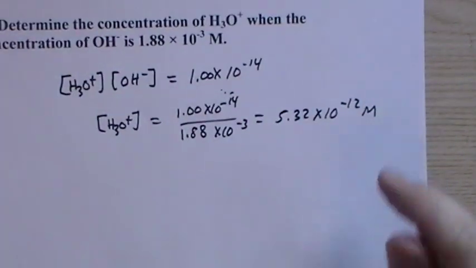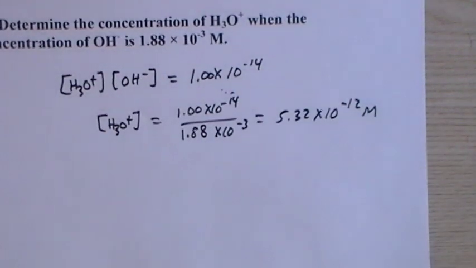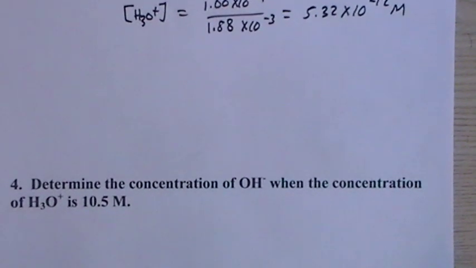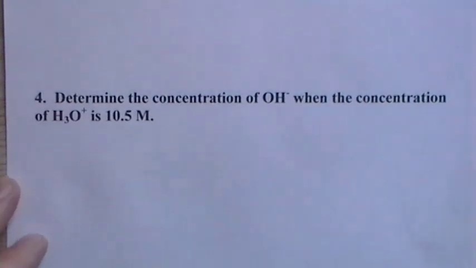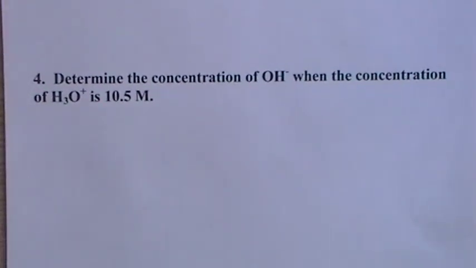So you can see that it's dropped from 10 to the minus 7 for pure water down to 10 to the minus 12, and that's because we've added in this base. The base gobbled up a lot of the H3O plus in the process of going into solution. And that OH minus could have come from anything: sodium hydroxide, potassium hydroxide, ammonia, whatever it took to get to that concentration. So right now we're just interested in working with this equation rather than where all these concentrations came from.